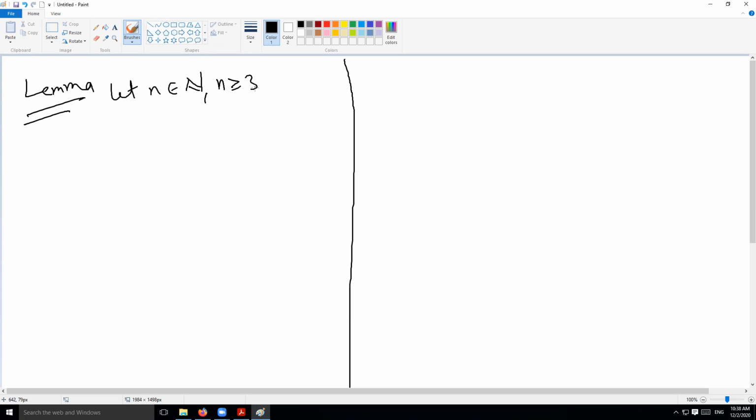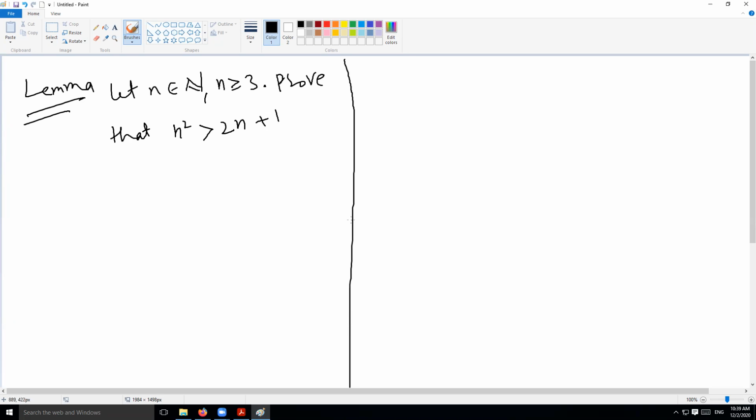So we have to prove that for any n bigger than or equal to 3, if you square it, this square is always bigger than 2n plus 1.